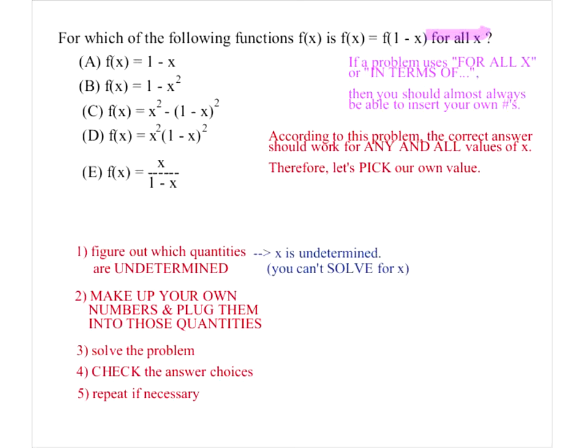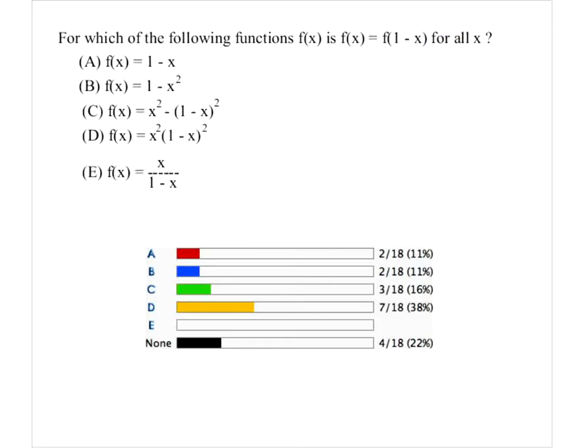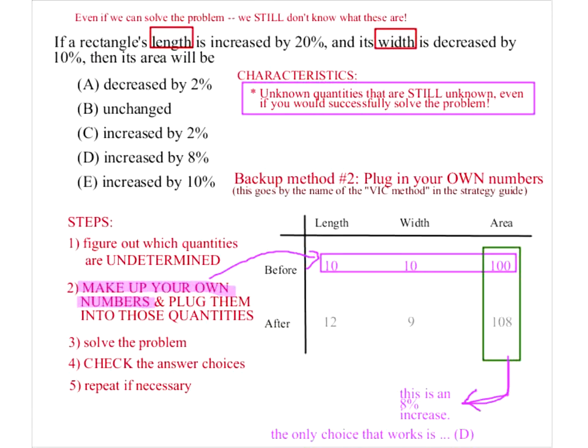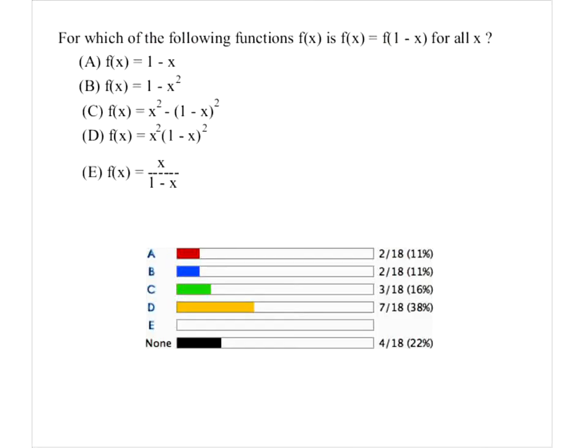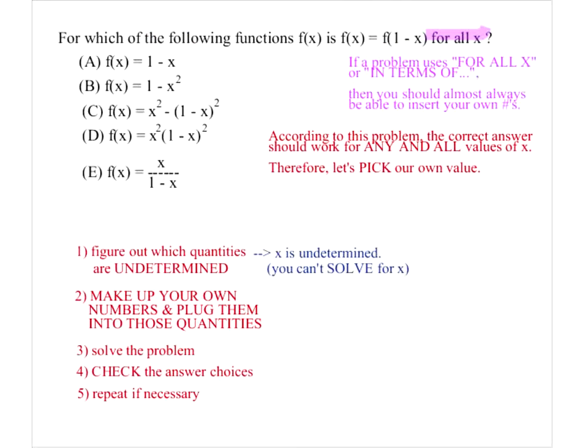Unlike the last problem, where we had some pretty strong indicators of what to pick, like increments of 10%, we had 10% and 20%, so 10 was a natural choice. Here, there are no incredibly strong indicators one way or the other of what to pick. So let's just pick a totally random number. Let's just pick x equals like 5.